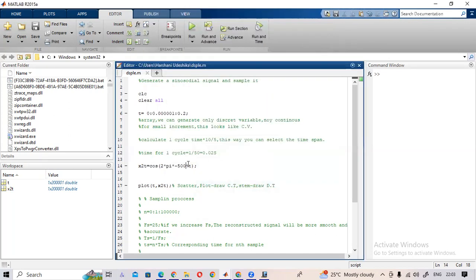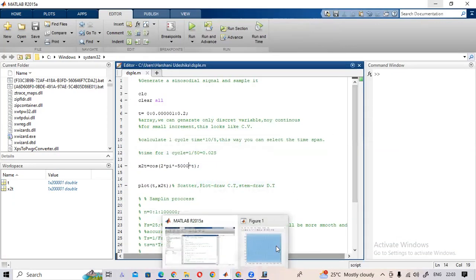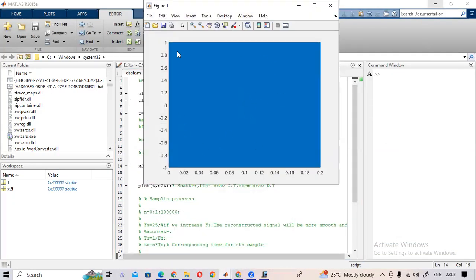So you can definitely increase the frequency, and it will increase the number of cycles. So now there are many cycles.